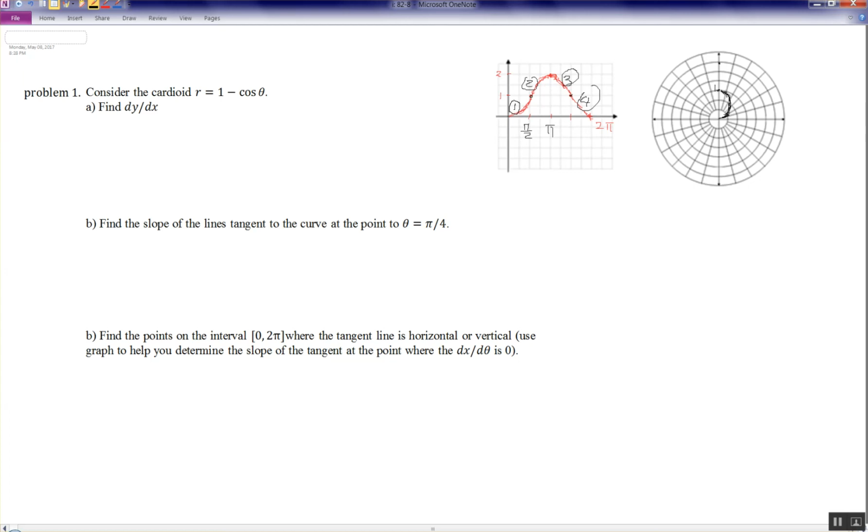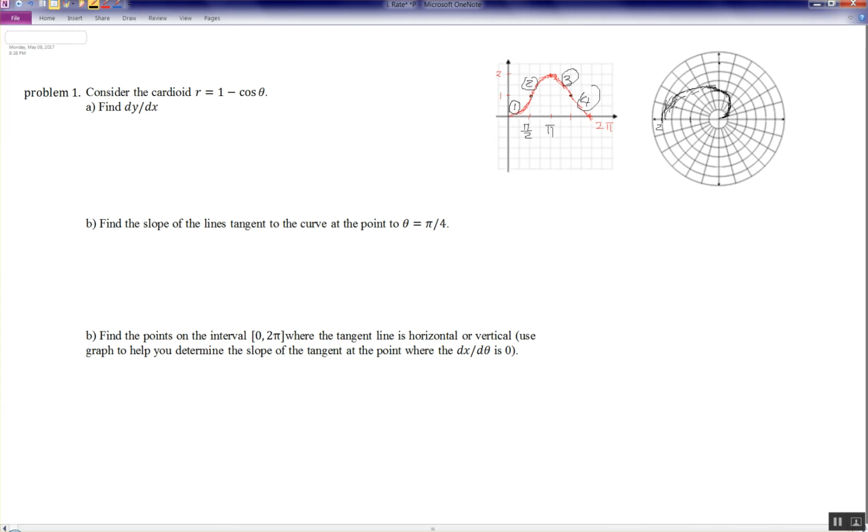My second piece is where the angle is increasing from pi over 2 to pi, and my radius is increasing from 1 to 2. So this is my 1, this is my 2. Which means the angle is increasing and the radius is also increasing, so something like that.